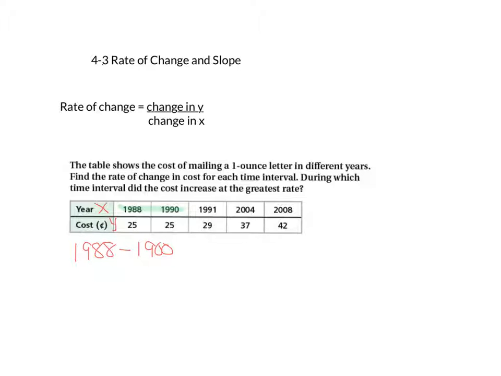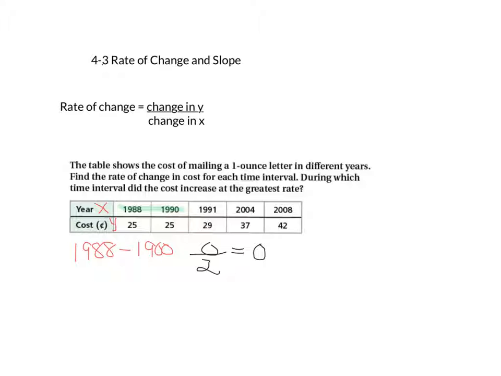If I look at the y's, we are going from 25 to 25. So our change in y is nothing, 0. And our change in x from 1988 to 1990 is 2. So I'm going to write that as my change in y was 0 over my change in x, which is 2. If you put that in your calculator, 0 divided by 2 gets us 0.